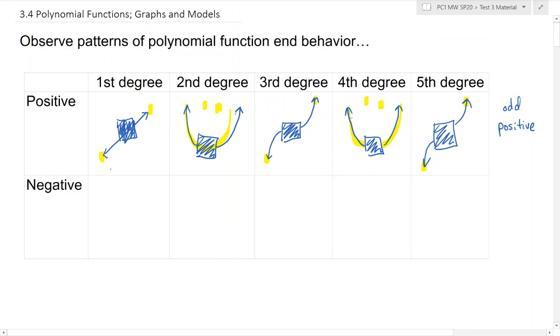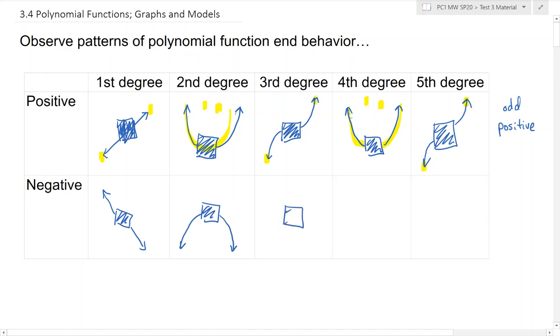Okay, let's talk about negative first degree. So y equals negative x would be an example of something like that. Let's cover up the middle. We don't care about what's going on there. We care about what is happening at the ends. And it's going to go down like this. And you guessed it, the parabola would be going like this.